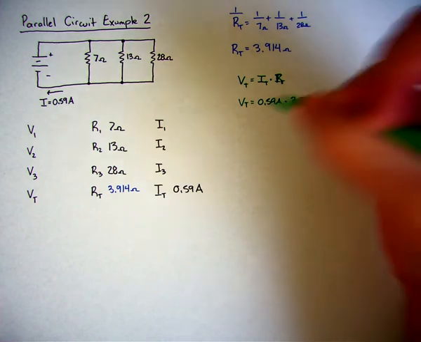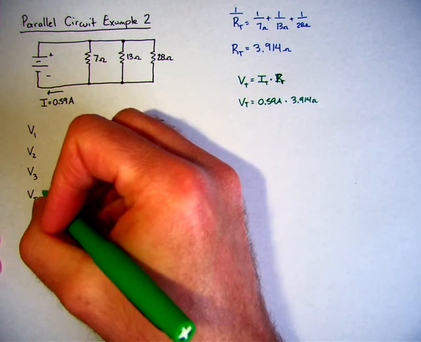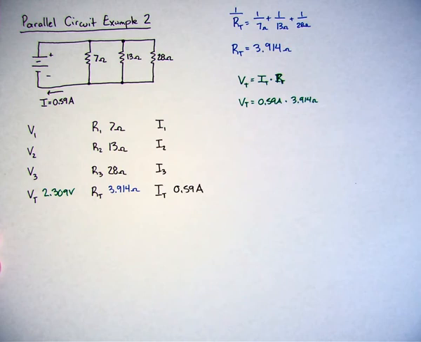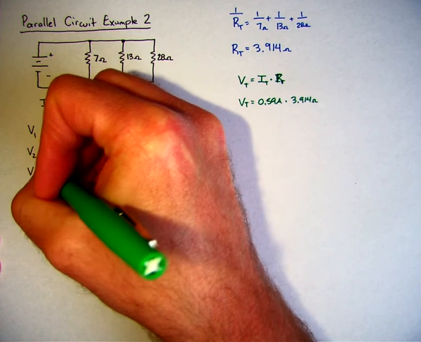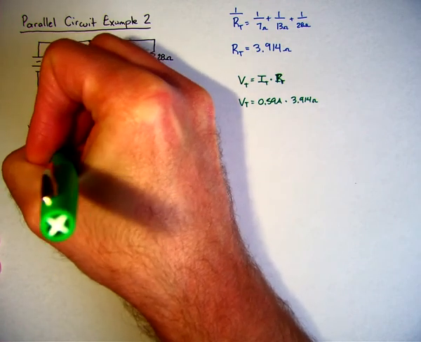So if I multiply that together, 0.59 times 3.914, I get 2.309 volts. And since this is a parallel circuit, I know that that voltage remains the same throughout. So I know that for every element, it should be 2.309, it's going to have the same voltage.